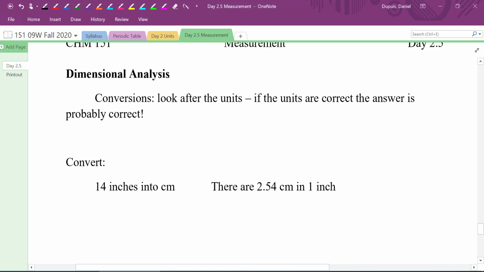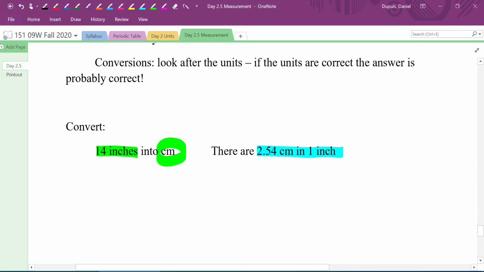Right, so I'm starting off with 14 inches, and I'm going to centimeters. My conversion is 2.54 centimeters in an inch. So start off with 14 inches. Multiply. What goes on the bottom?